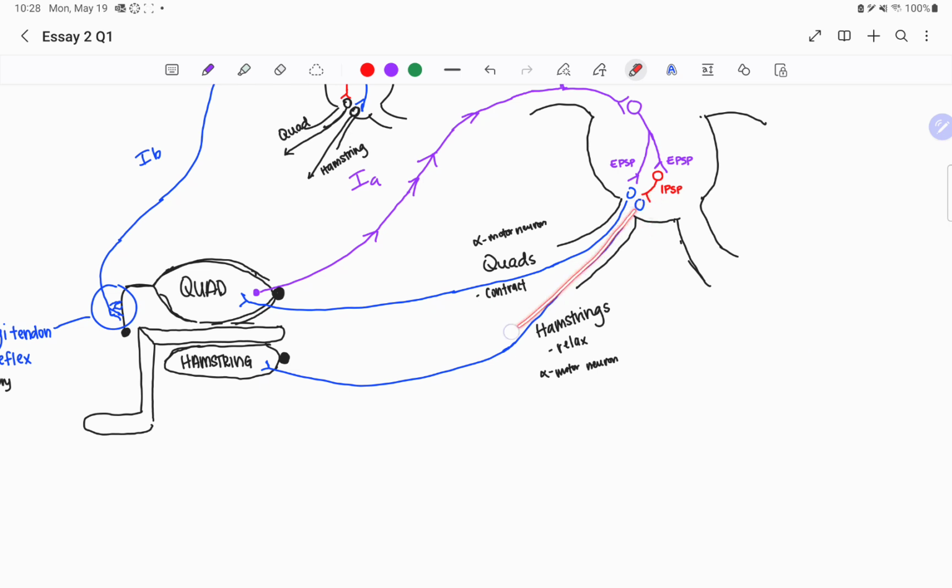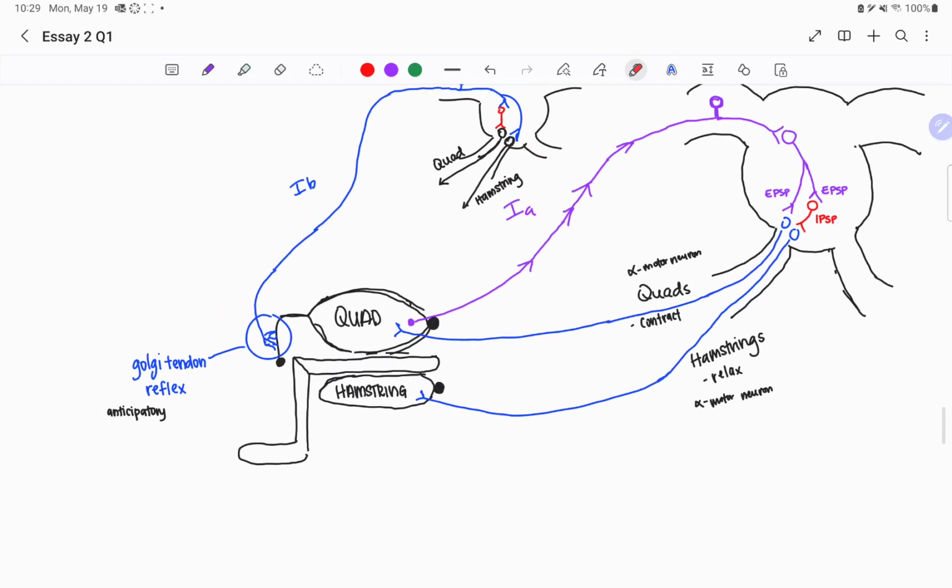So then it comes out and it goes to the hamstring, and it says, okay, hamstring, you need to relax. Both of these are alpha motor neurons, but one is doing excitation and one is doing inhibition. Okay. Pretty important to understand that.